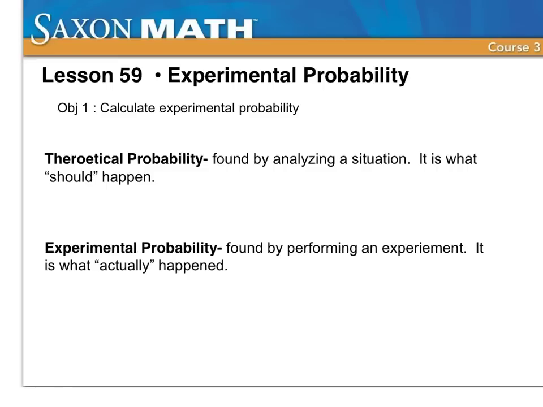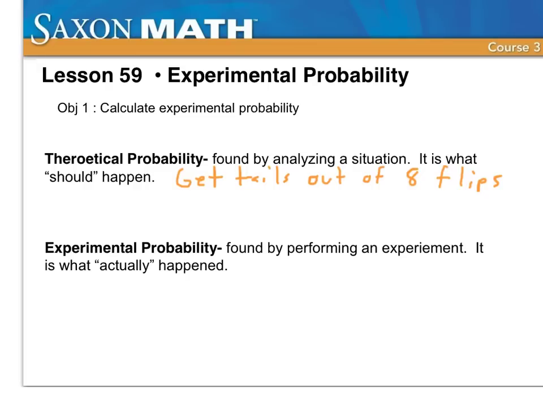Theoretical probability is found by analyzing a situation. It is what should happen. Say I wanted to find out how many times I would get tails out of 8 flips of a coin.